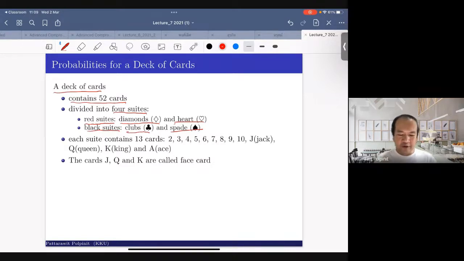Each suit contains 13 cards, including numbers 2, 3, 4, 5, 6, 7, 8, 9, 10, J, which we call Jack, Q, which we call Queen, K, which we call King, and A, which we call Ace.